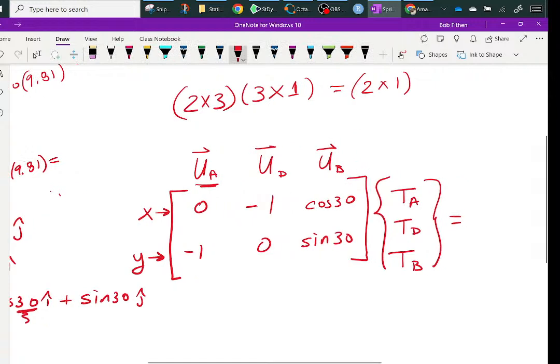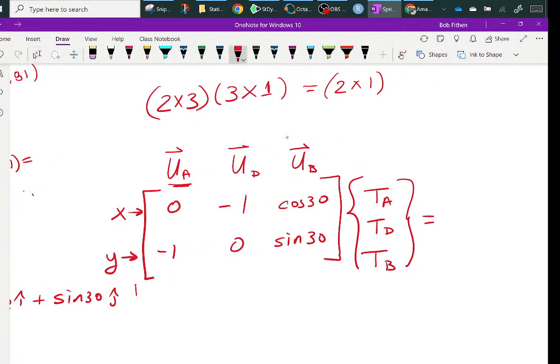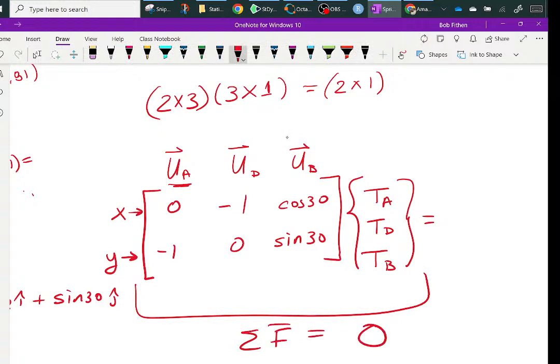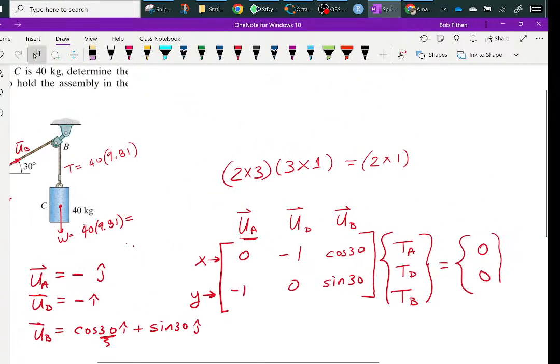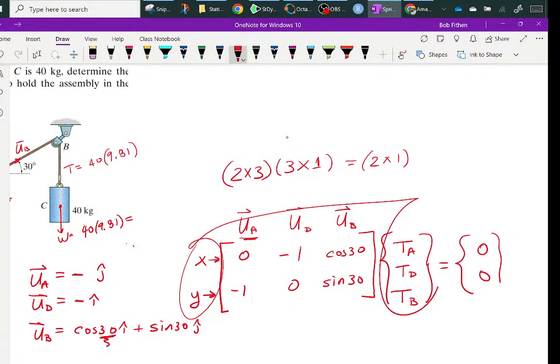What is the right-hand part? All it's saying is the sum of all the forces equals 0, so over here you have a 0 and a 0. The first thing we'll notice is that this claims I have 2 equations and 3 unknowns.